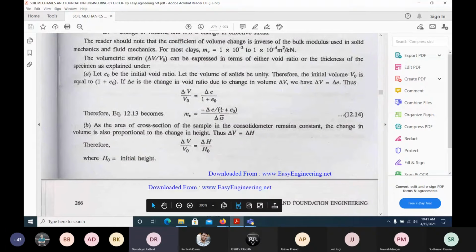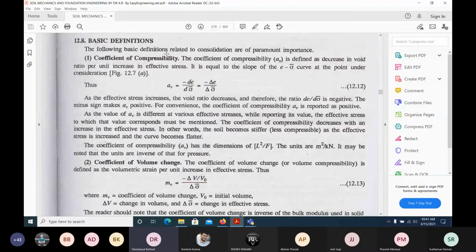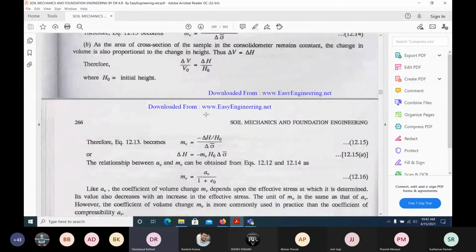So this is all about the coefficient of volume change. This is the coefficient of compressibility. Wherever volume is involved, it is the volumetric strain divided by the change in effective stress.